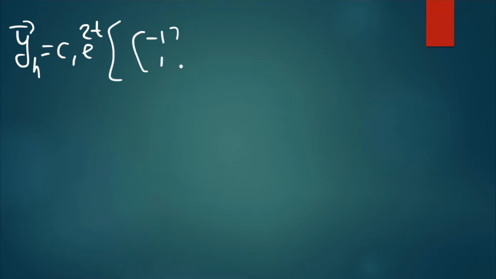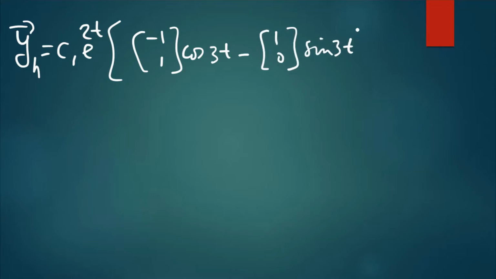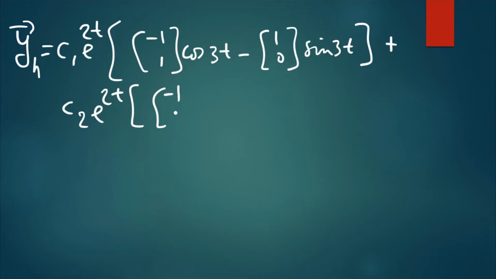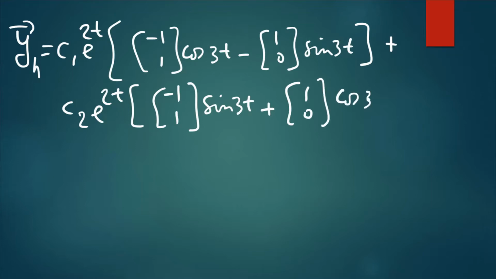So we have y_h, which is c1 e to the 2t times minus 1, 1 cosine 3t minus 1, 0 sine 3t, plus c2 e to the 2t times minus 1, 1 sine 3t plus 1, 0 cosine 3t.